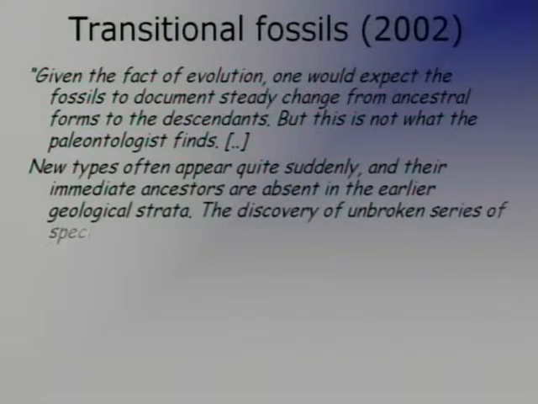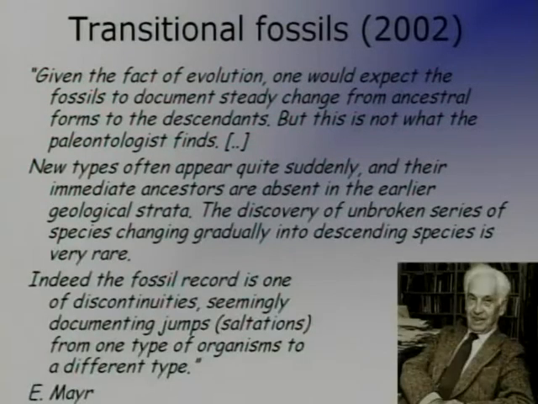The discovery of unbroken series of species changing gradually into descending species is very rare. Not non-existent, very rare. Indeed, the fossil record is one of discontinuities, seemingly documenting jumps, saltations from one type of organism to a different type." That's Ernest Mayr, who wrote this in 2002 in a book called What Evolution Is.